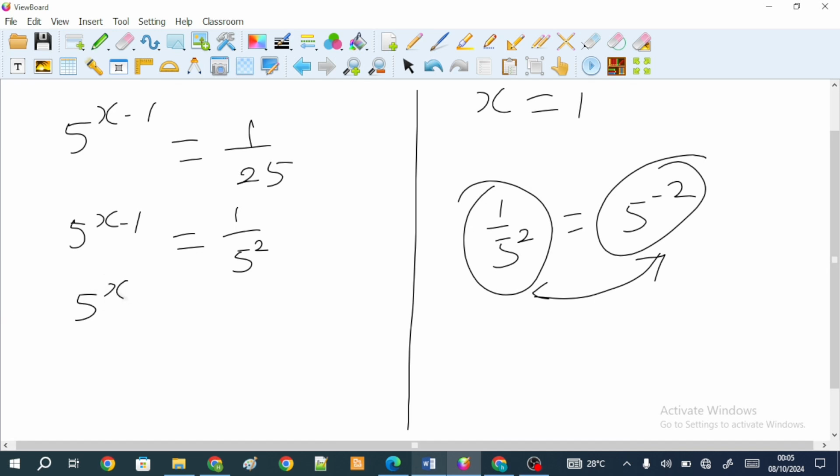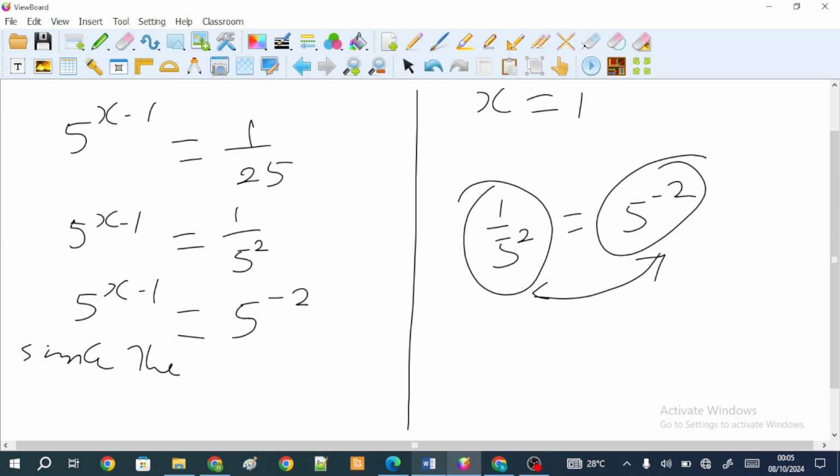So what this means is that for 5 raised to the power x minus 1, we're going to now write 1 over 5 raised to the power 2 as a negative index, which is the same as 5 raised to the power negative 2. We can see that both sides of the equation are now to the same base.